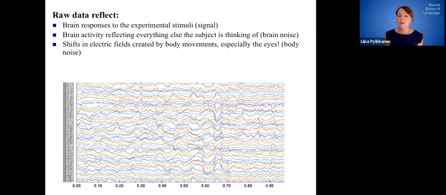But then your body movements also generate shifts in electric fields. And of course, the closer the body part is to the brain, the more those shifts are reflected in our brain recordings.